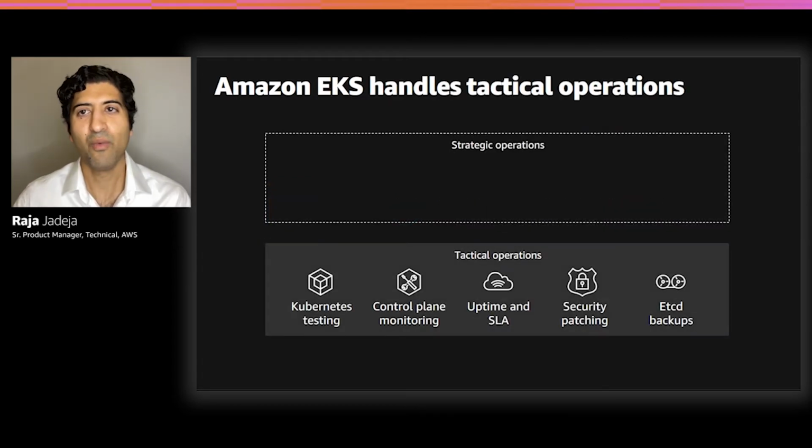And so what that means is that we take care of all the tactical operations. All those bits at the bottom there, whether it's testing different Kubernetes releases, dependencies and compatibility with other versions of it, and then also making sure that your control plane is up and running. We're monitoring that, making sure it's available and stable, and then we provide an SLA and make sure its uptime is set as well.